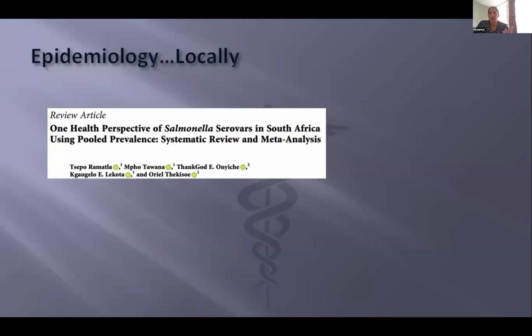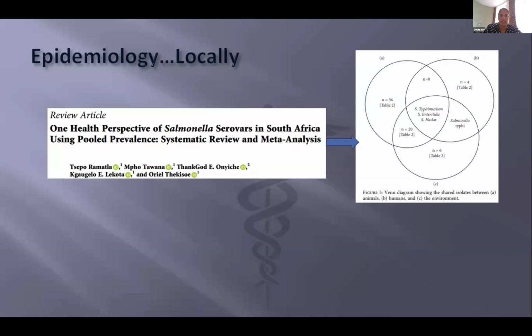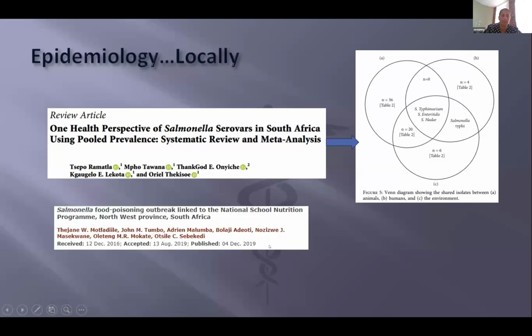It can be found in the environment, it can be found with humans, it can be found in animals. And so we can't look at it through tunnel vision, just restricted to humans. It's just found everywhere. And so we need to be aware of that, because this has implications when we talk about IPC measures. And this is just a Venn diagram I've put there just to show you the interaction between animals, humans, and the environment, and how they interlink with one another.